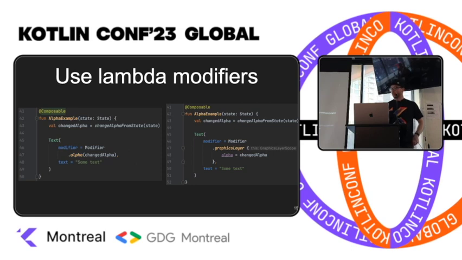To fix this, you can use the graphicsLayer and modify the alpha this way, because the lambda modifiers are called during the drawing phase. So it skips the composition and layout phase, which is way better for processing, for rendering, sorry.